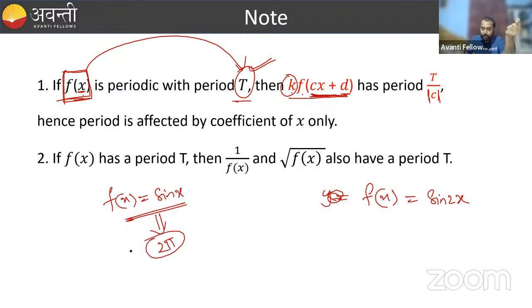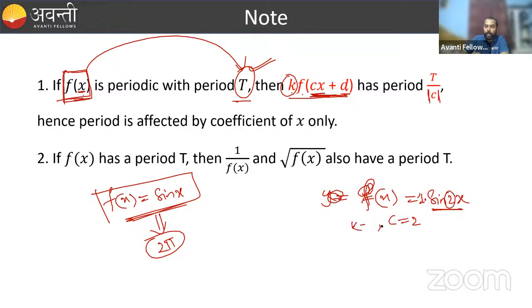So the base function is sine x, with period 2 pi. Then sine of 2x is k into sine of cx plus 0, where k is 1, c is 2, and T is 2 pi.